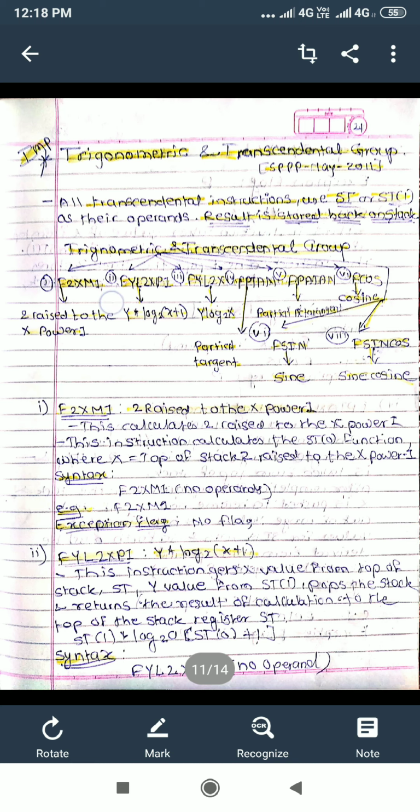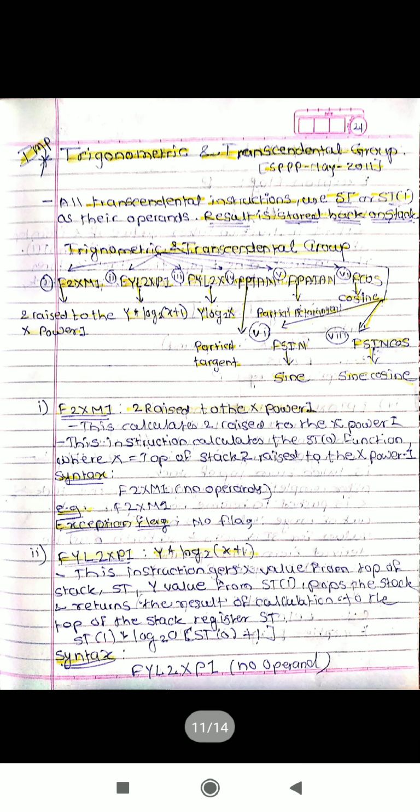Here we can see the first is f2xm1, that is 2 raised to the x power minus 1. Second is fyl2xp1, that is y into log to the base 2 of x plus 1. Next instruction is fyl2x, that is y into log x to the base 2.